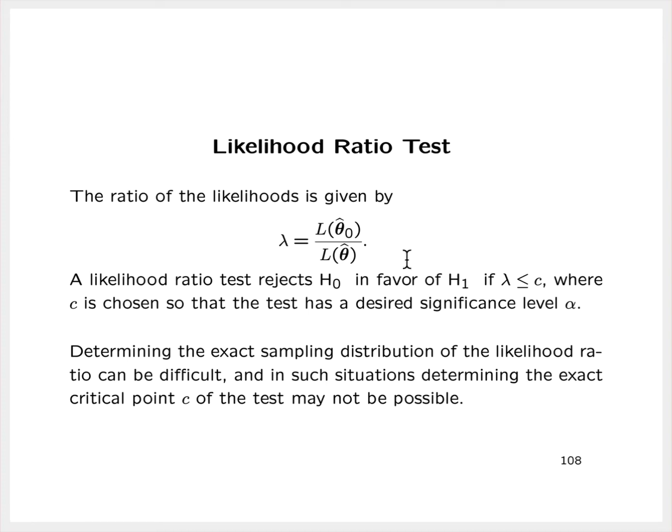Now, let's think about this. If the null hypothesis is true, then the value of the likelihood over the subset of the parameter space specified by the null hypothesis would tend to be just as large, if not larger, than the value of the likelihood over the entire parameter space.